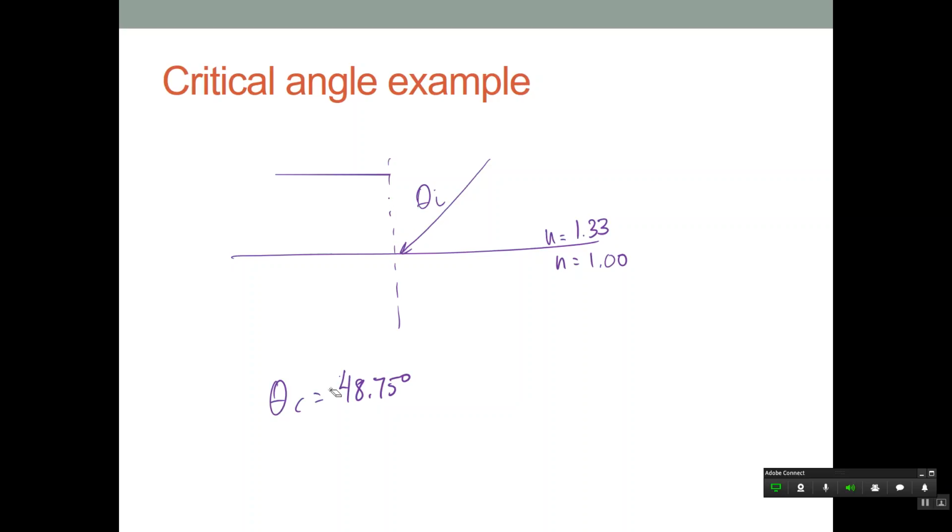The question is, give me an explanation why it only works when it goes from slow to fast. Why doesn't it work when it's going from fast to slow?